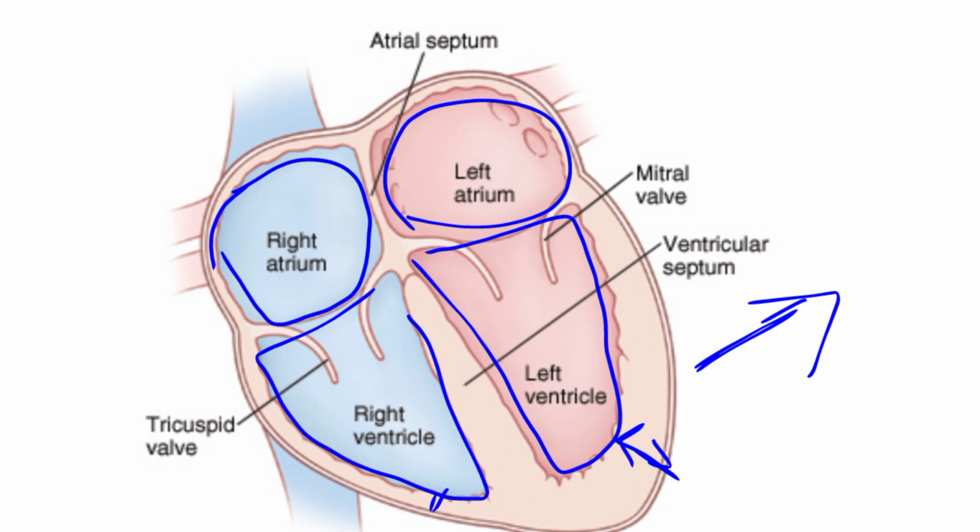That's to the head, the legs, the limbs, the pelvis, the back, and everywhere. So the left ventricle needs to be highly muscular in order to produce higher forces of contraction.